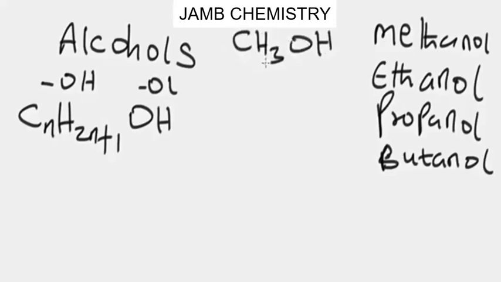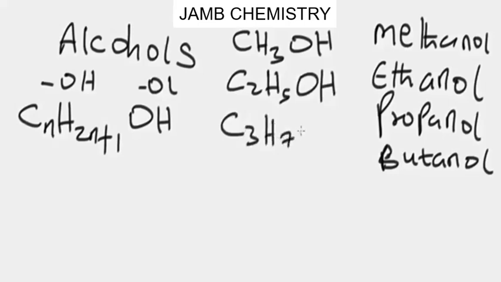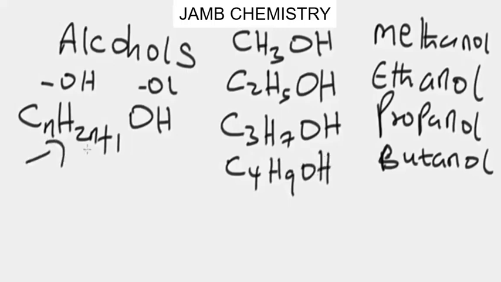Ethanol has two carbon atoms, so the formula will be C2H5OH. Propanol will be C3H7OH, and butanol will be C4H9OH when you apply this formula. It's as simple as that.